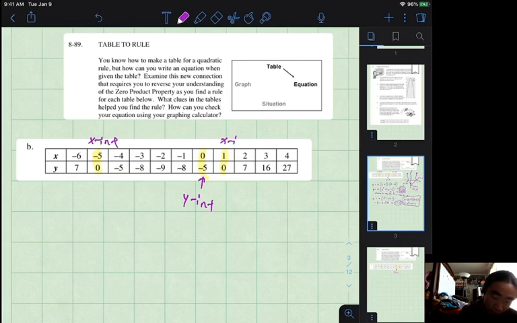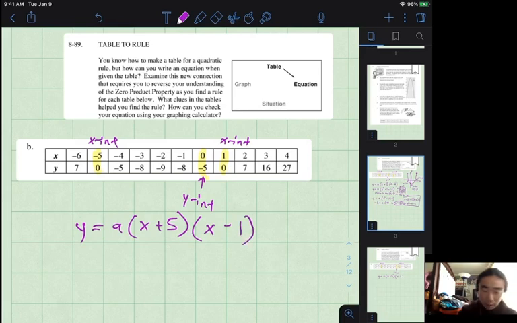Here's your x-intercept. And then going into factored form, we can do y equals a times (x plus 5), because we want, again, this whole thing to equal 0. So if our x value is -5, we have to add 5 to make 0. And for here, x minus 5, oops, nope, looked at the wrong one, x minus 1. Okay, that's utilizing this point over here, because 1 minus 1 makes 0.